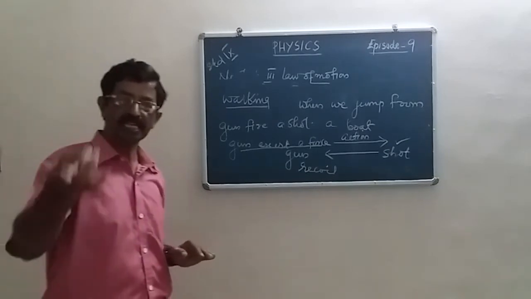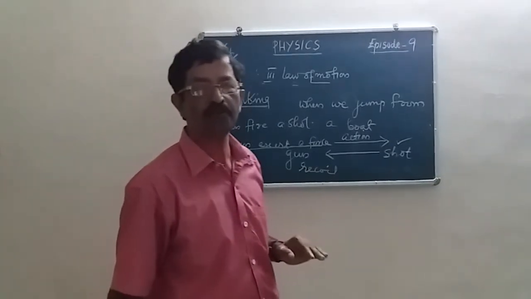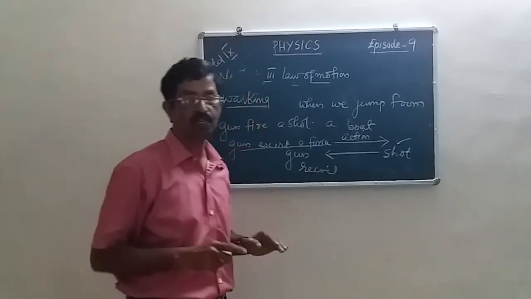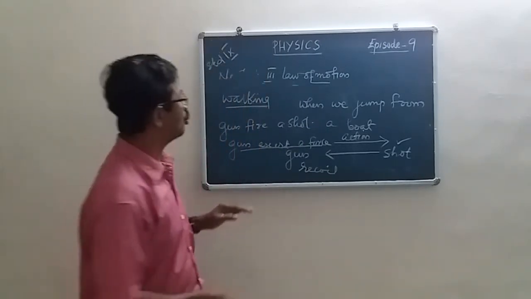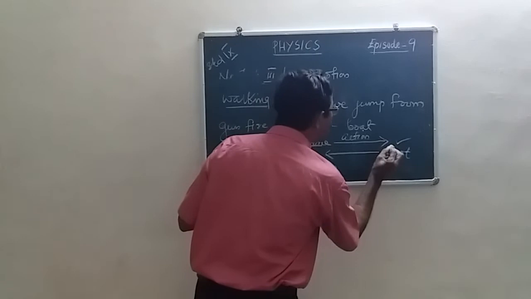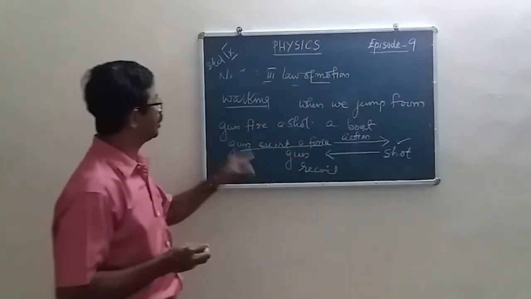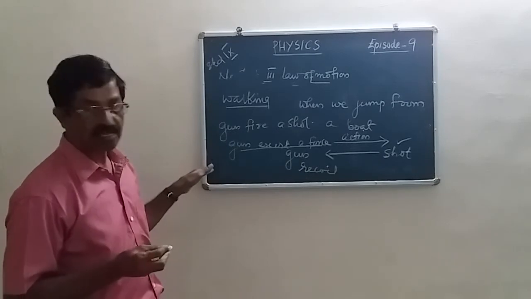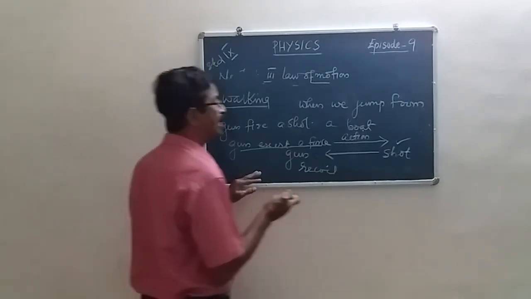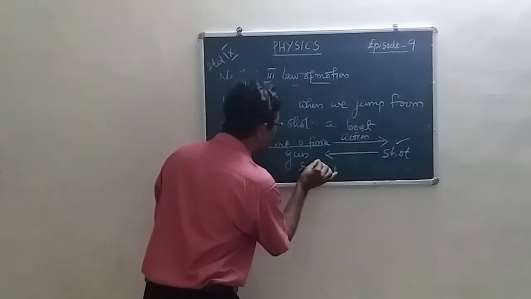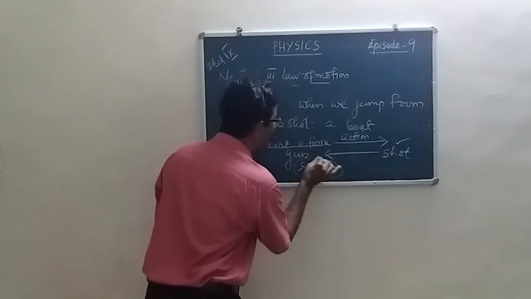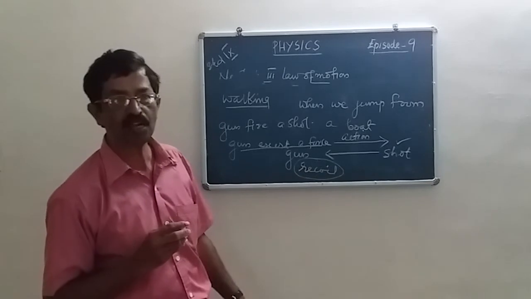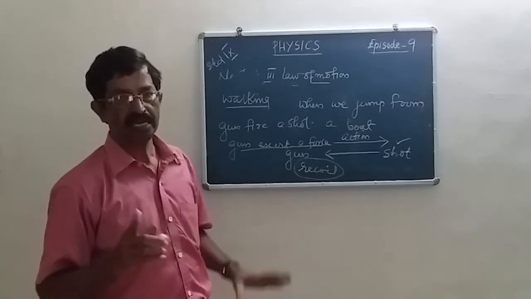Then the shot moves forward with very high velocity. Then the shot exerts an equal force on the gun. Because of that, the gun moves backward, and that backward motion of the gun is called recoil. R-E-C-O-I-L. Recoil of the gun.